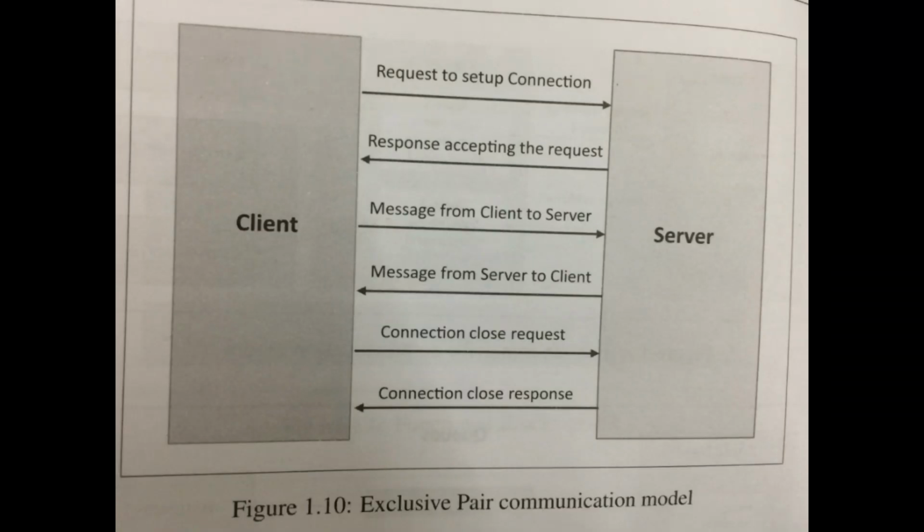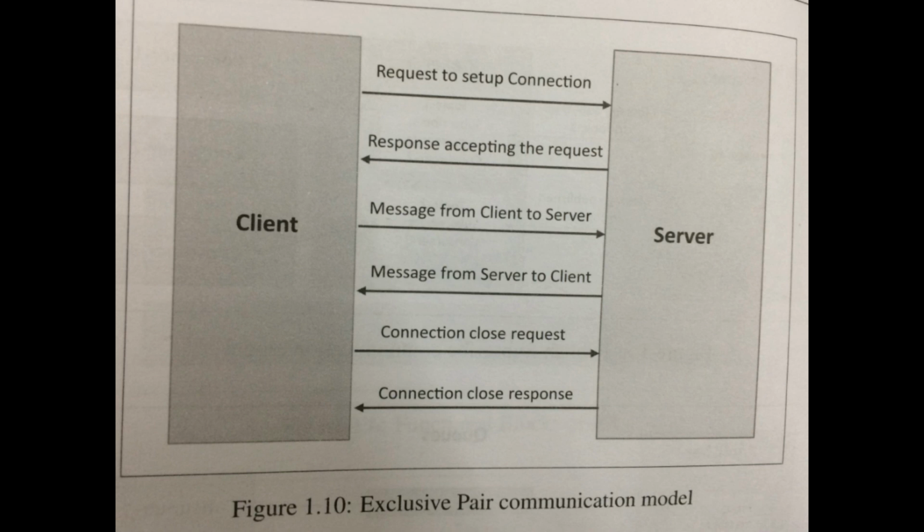Then you have the exclusive pair communication model. A request to set up a connection, a response accepting the request, that is the connection is set up, a message from client to server, a message from server to client, a connection close request and a connection close response.